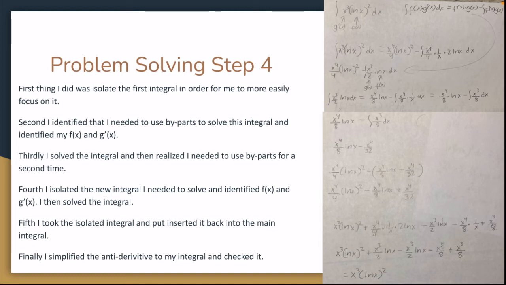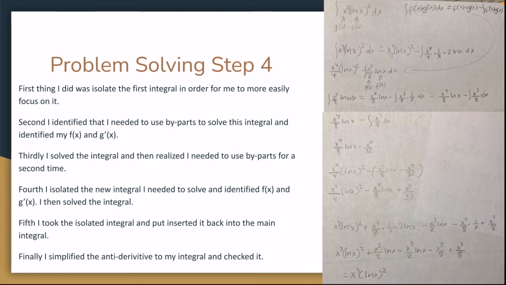This is going to be equal to x to the 4th over 8 times the natural log of x minus the integral of x cubed over 8 dx. And then I solve the integral and I find the answer to be x to the 4th over 8 times the natural log of x minus x to the 4th over 32.